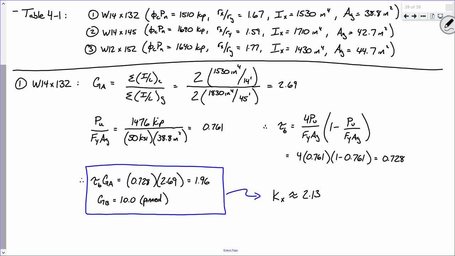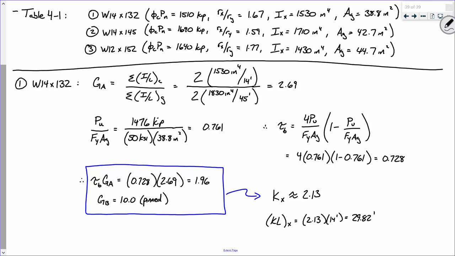All right, let me ask you a question then. If you have Kx, what is KLx going to be? And what is the length? 29.82 feet.